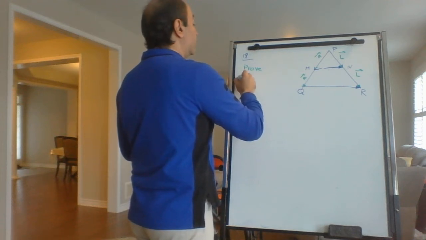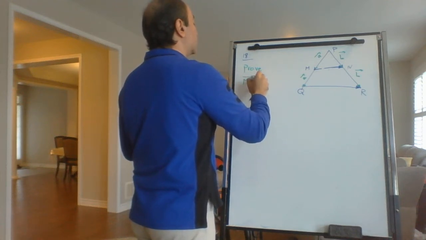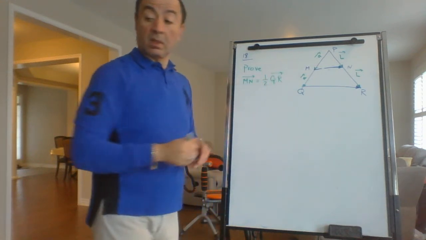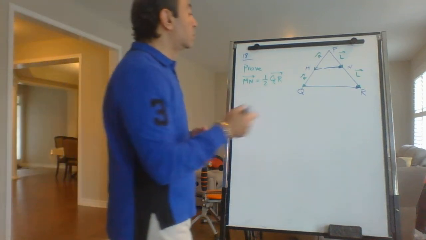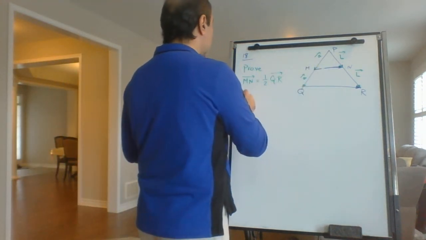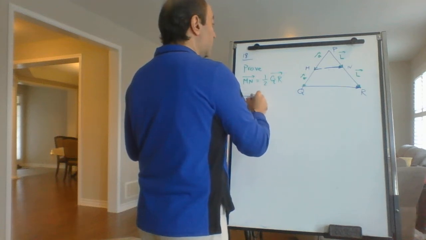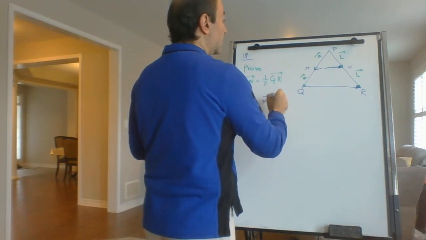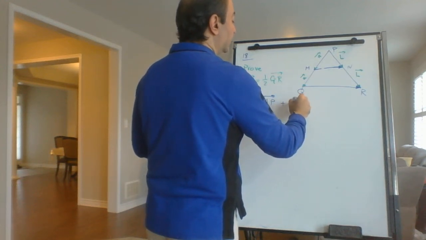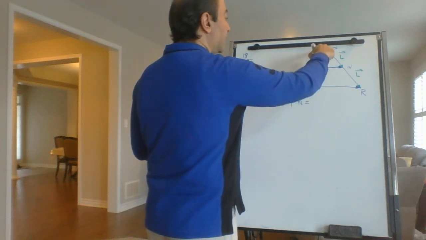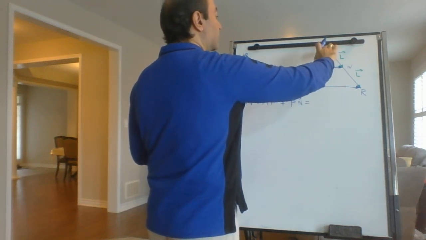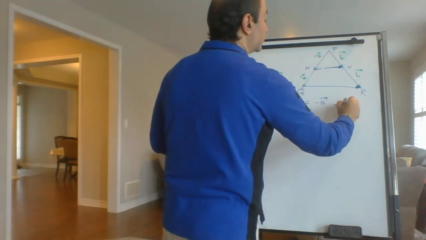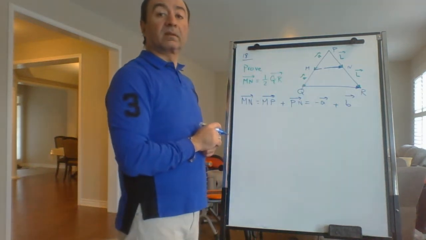that vector MN equals 1/2 vector QR. So the first thing I will do is vector MN. So what is vector MN? Vector MN equals vector MP plus vector PN, which is the same thing. MP is the same magnitude as A, but the opposite direction. So minus vector A plus vector B. Correct?